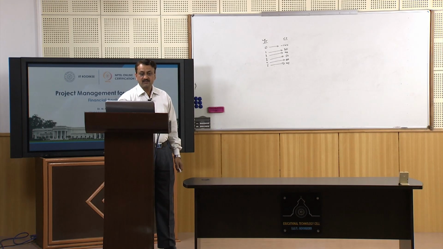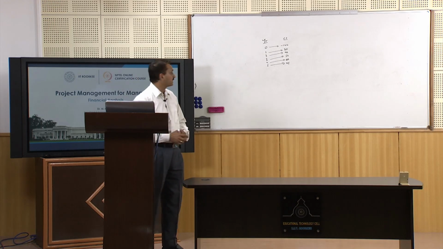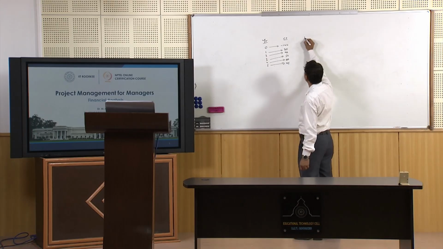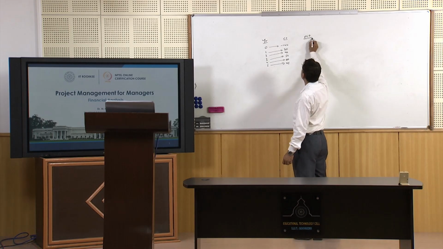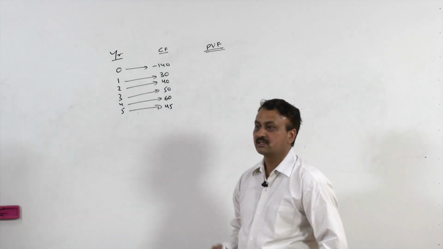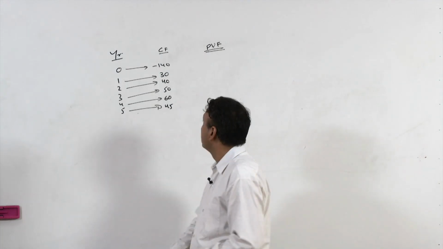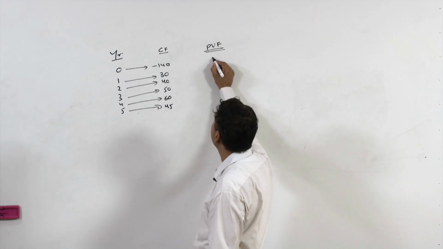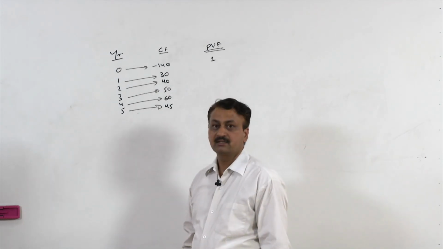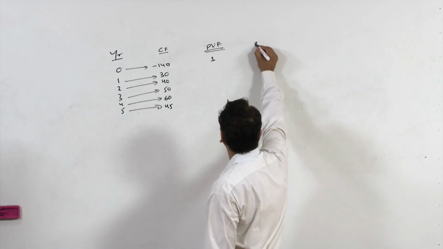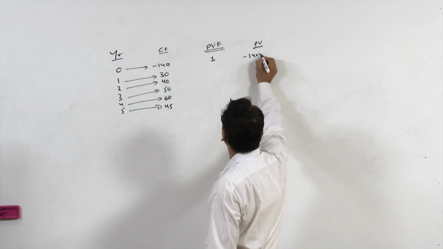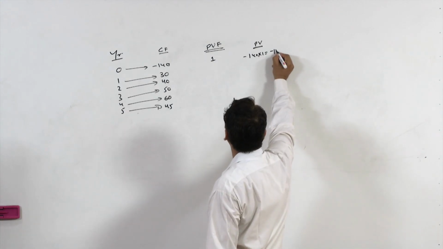In this method, let us first calculate the present value factor, PVF, at 10%. Initially this is your cash outflow of minus 140, and your present value factor is 1. So the present value is minus 140 multiplied by 1, which is minus 140.